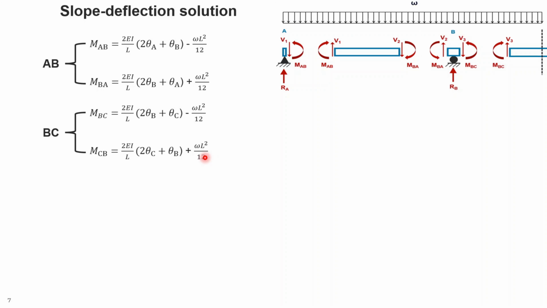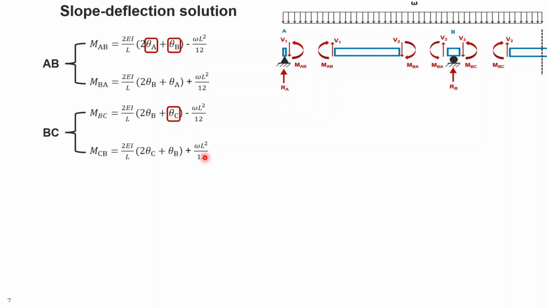Because we have three elements, you can write 3 times 2 equations, but I'm concentrating on only half of this structure, and that's why I'm writing these equations for AB and BC only. But you can obviously write the same equations for element CD.